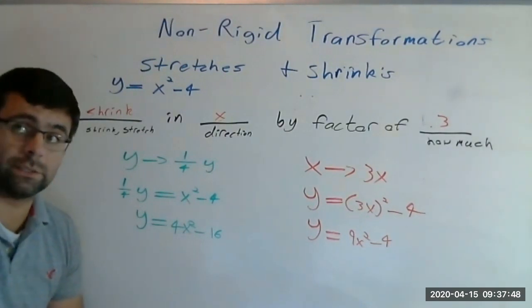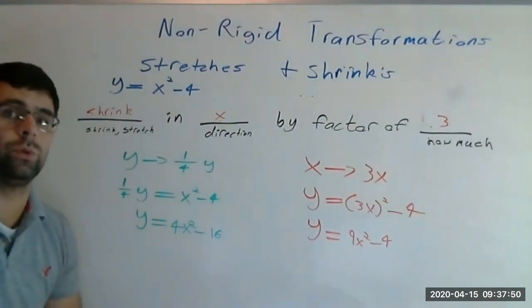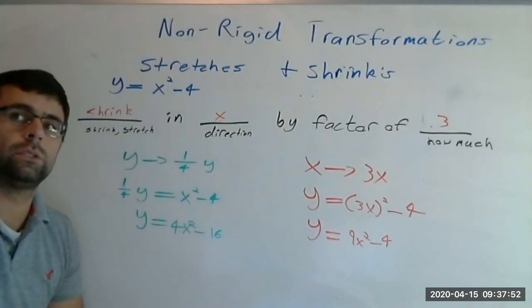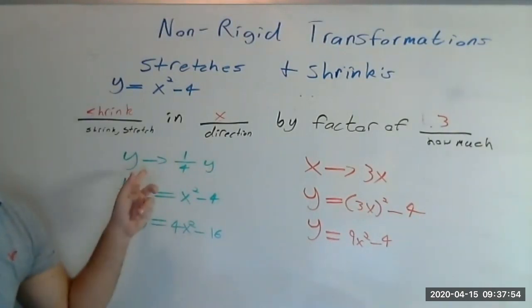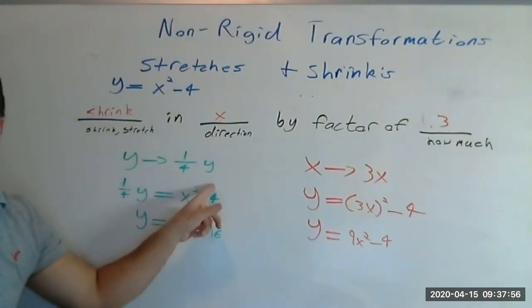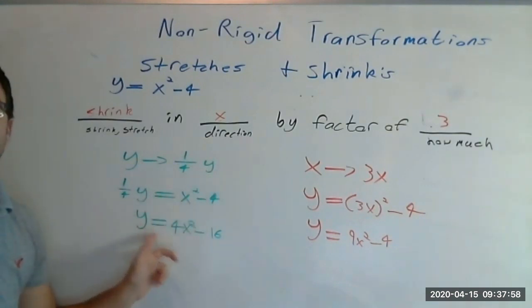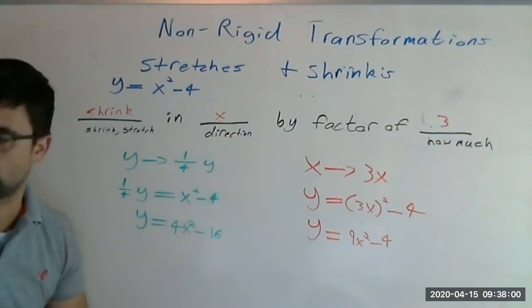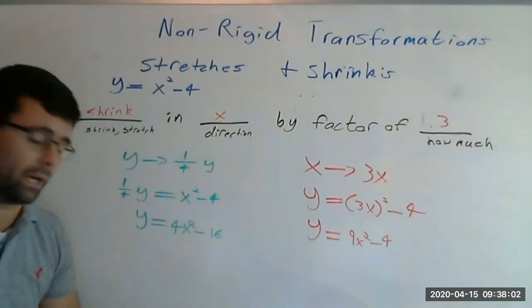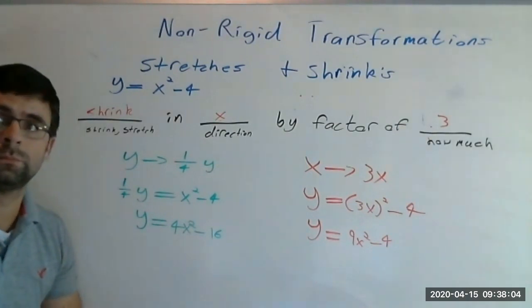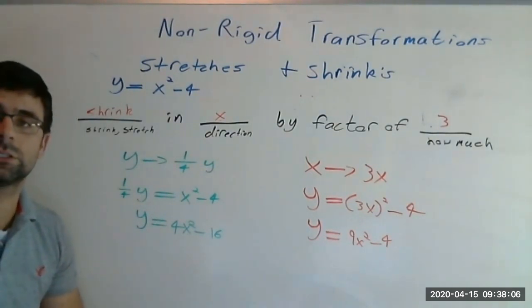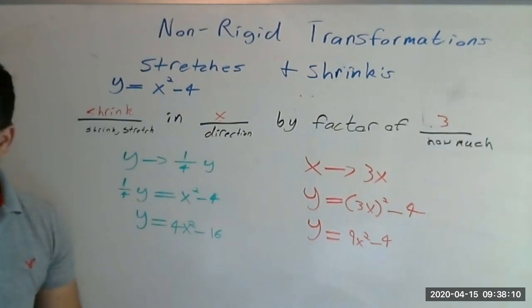And this is how you do all of the transformations. You figure out what you're applying, apply it, and then resolve and simplify for y, or f of x. So this is how we're going to be doing these going forward.